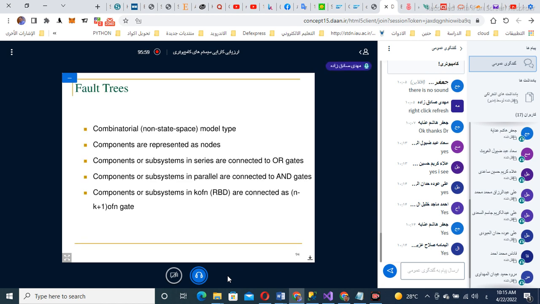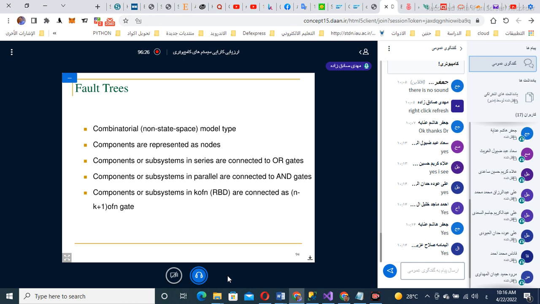But what are fault trees? Fault trees are a combinatorial, non-state-space model type, and components are represented as nodes. Components or subsystems in series are connected to OR gates.